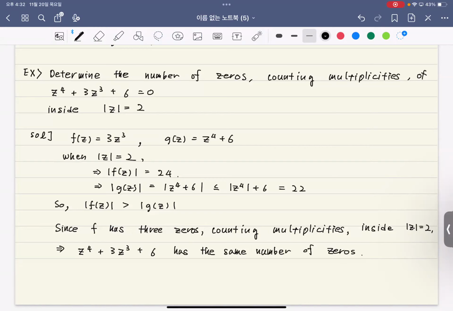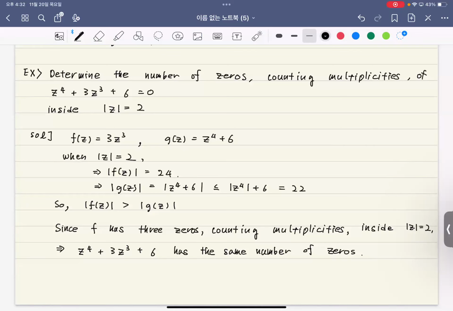Okay, so this doesn't give you the exact location of the zeros of the given function, but now we somehow know that there are 3 zeros inside of the circle of radius 2, and the one last zero will lie outside of the region.